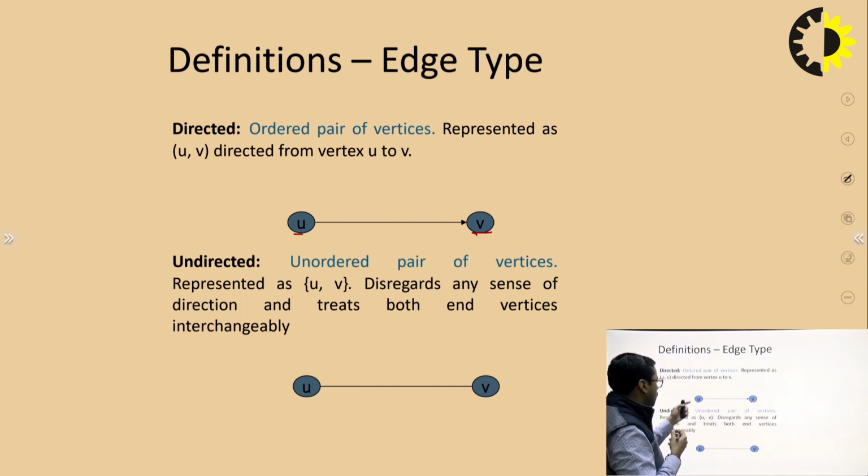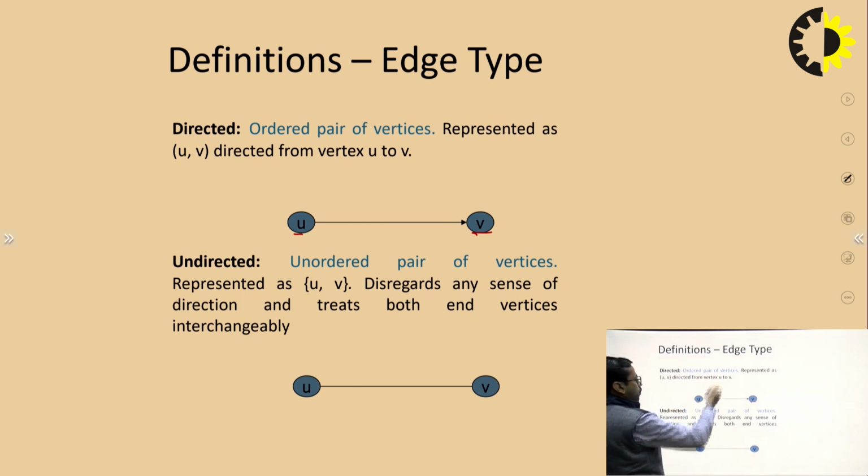Let's suppose that U and V are two different cities, and there is a direct connection between U and V, between two cities. There is a simple path from city U to city V. So it is a direction. When direction is mentioned in a graph, it is called a directed graph.